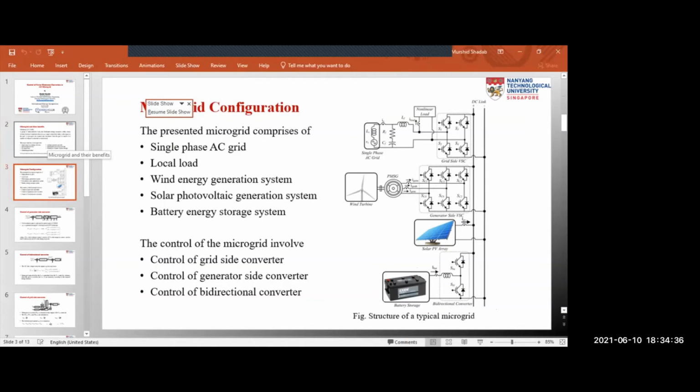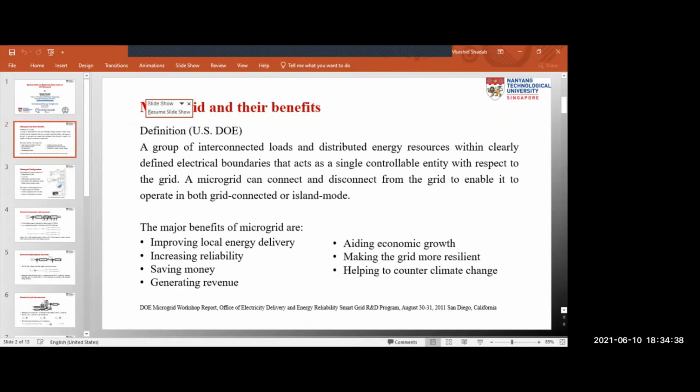Okay, now it's okay. So the major benefits of microgrid: due to microgrid, so many renewables are getting integrated with the complete system. So the burden on the conventional grid is reduced. And as the burden is reduced, transmission losses from the grid to the load end are also reduced.